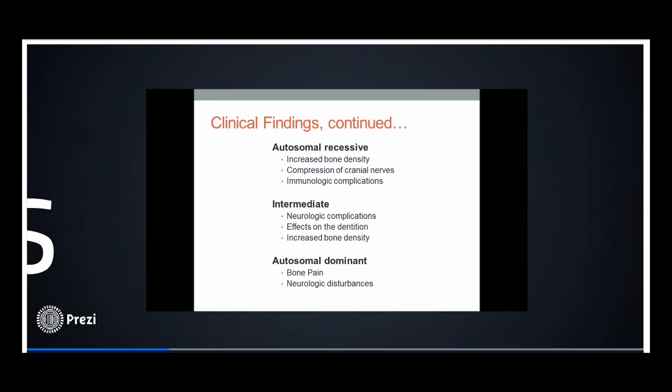The intermediate form, or marble bone disease, has similar neurologic manifestations as the autosomal recessive form, but oftentimes to a less debilitating degree. Impaired vision and hearing can be experienced along with the effects on the dentition, such as a delay in eruption, oligodontia, dental anomalies, and enamel hypoplasia.